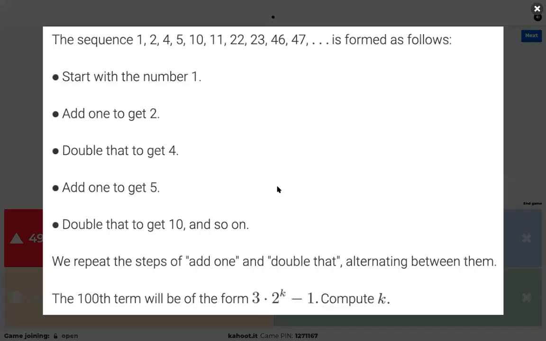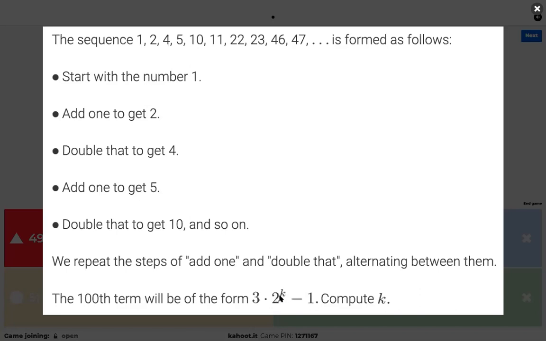Interesting. So I don't know, a fast way to do this is to just notice a pattern again, because the 100th term is even, and if we look at all the even terms, 2, 5, 11, 23, if we add 1 to those, it's just 3, 6, 12, 24.